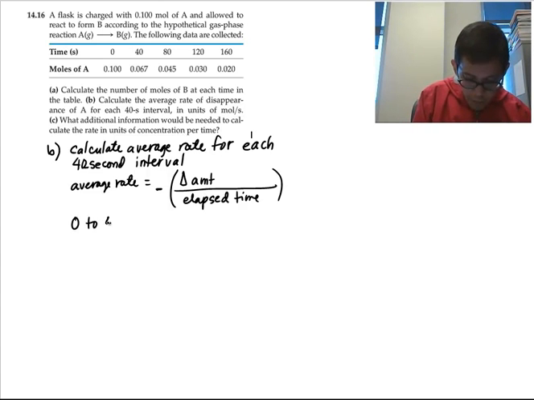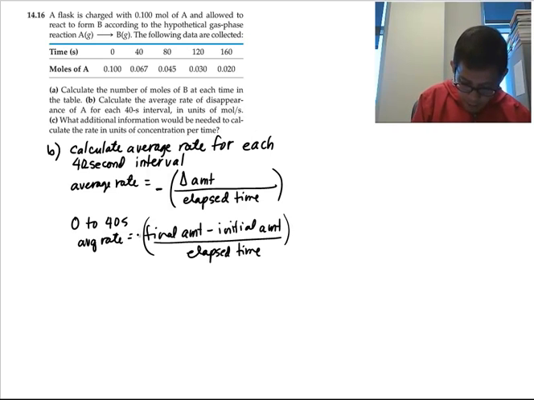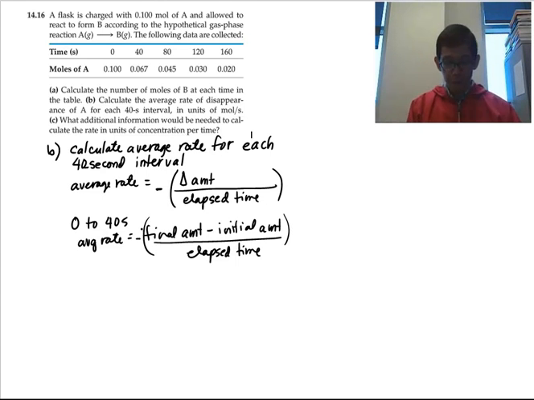0 to 40 seconds. So average rate is equal to final amount minus the initial amount over the elapsed time. And again, we have to make that negative so that we have a positive value.